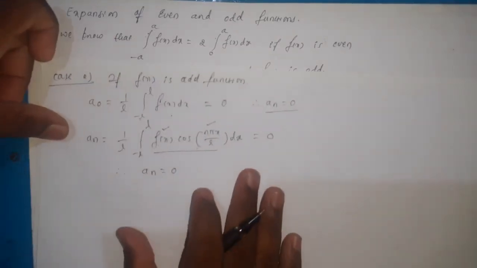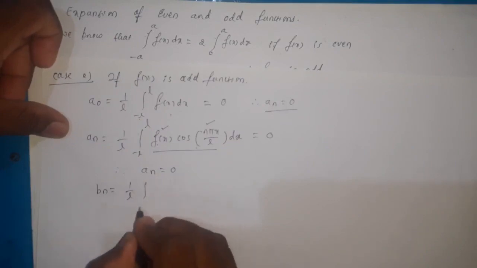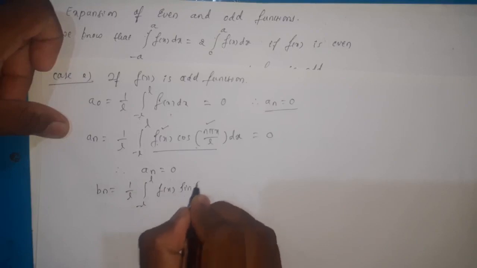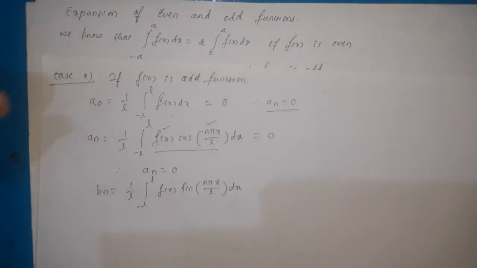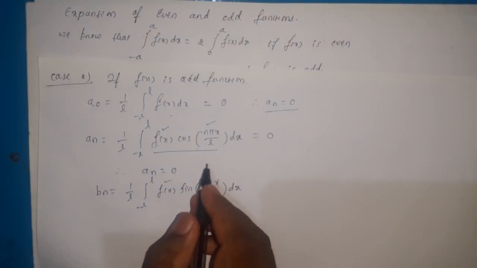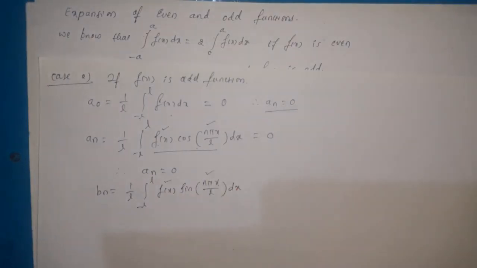Now let us discuss Bn. So Bn equals 1 by L integral from minus L to L f of x into sin n pi x divided by L dx. Here f of x is an odd function and the sine function is also odd. So by multiplying these two, odd and odd, we will get an even function.